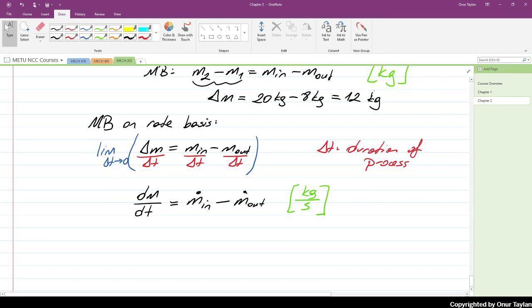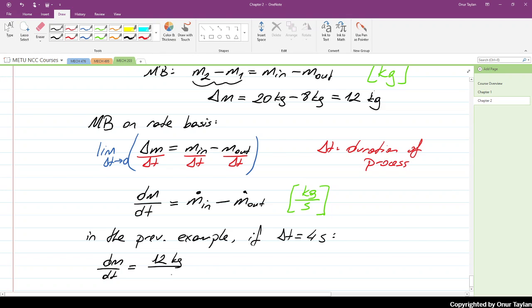So in the previous basic example, as I said, delta t is 4 seconds. dm by dt is 12 kilograms per 4 seconds, so that's going to be 3 kilograms per second. M dot in becomes 20 kilograms over 4 seconds, so that's going to be 5 kilograms per second.